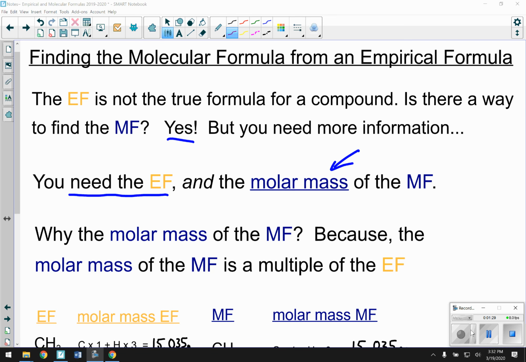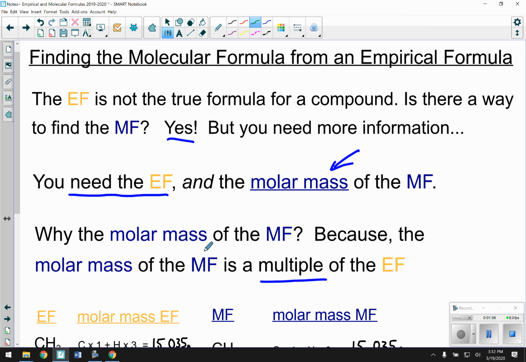Why do you need the molar mass of the molecular formula? Because the molar mass of that molecular formula is a multiple of the empirical formula. And it turns out that if we know what the molar mass multiple is, then we can use that multiple to go from the empirical formula to the molecular formula.